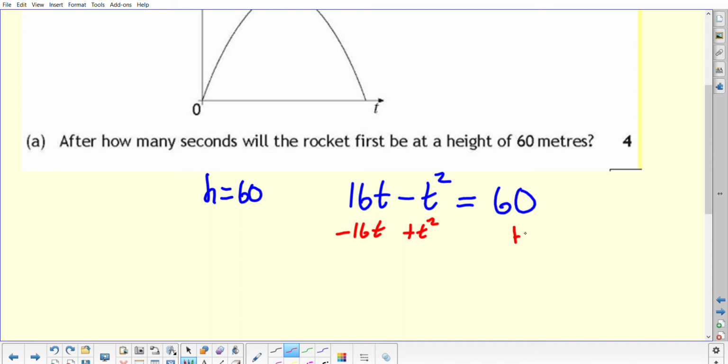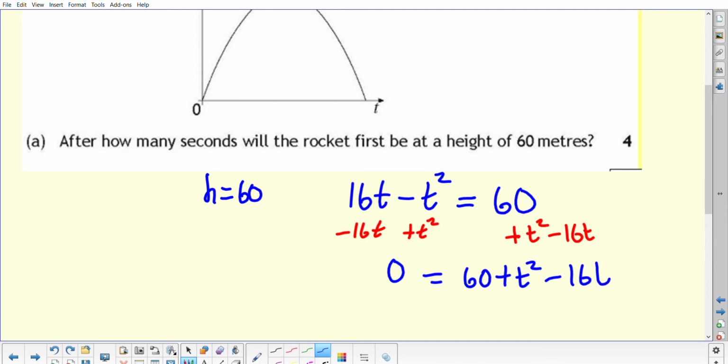What that's going to give us is, on this side, we'd be left with 0, and on this side you'd have 60 plus t squared minus 16t.